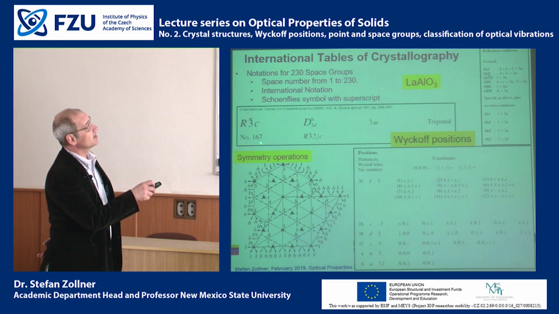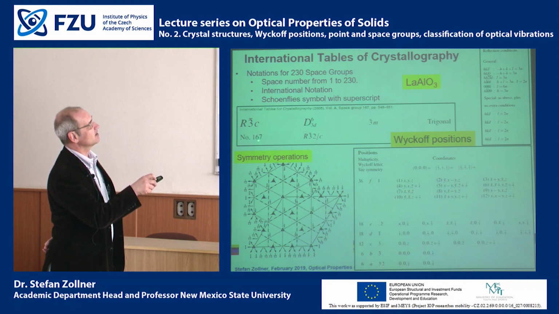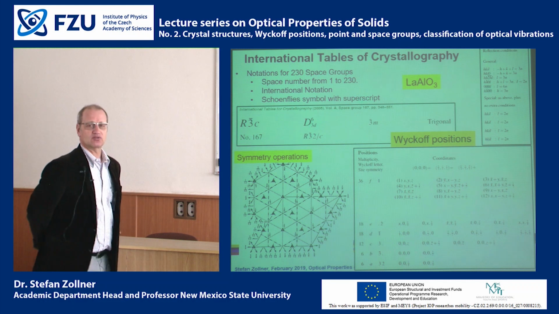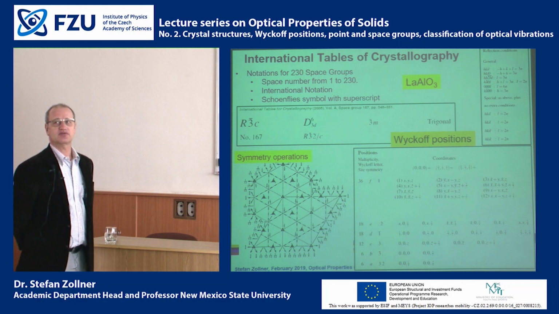Number 167. This happens to be lanthanum aluminate, so that's a distorted perovskite. So that is one way of classifying space groups by simply numbering them. Another way: for every space group, there is one specific point group.